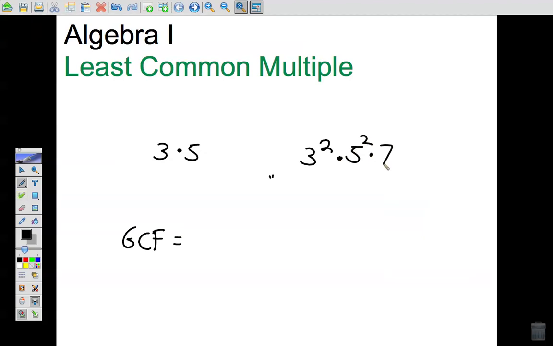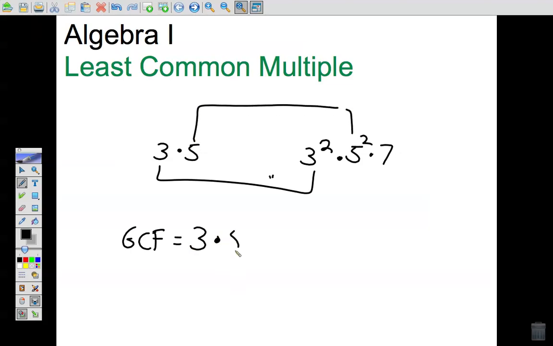Now, what's common in both? Well, I have 3's in both. You take the smaller exponent. Times, I have 5's in both. I take the smaller exponent. Do I have a 7 in both? No. So my greatest common factor in this case would be 15. So that is a review of the greatest common factor.